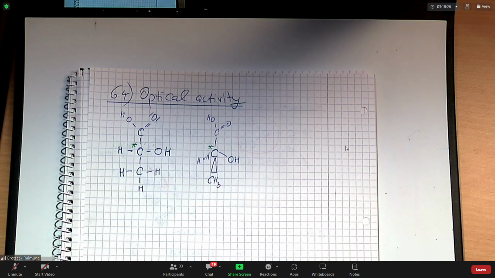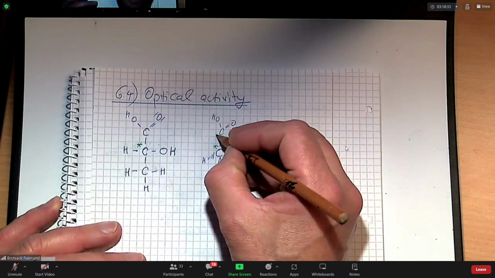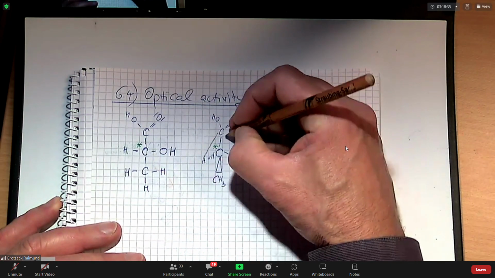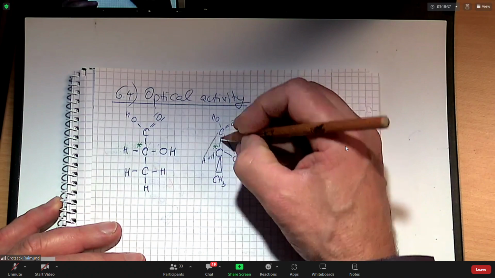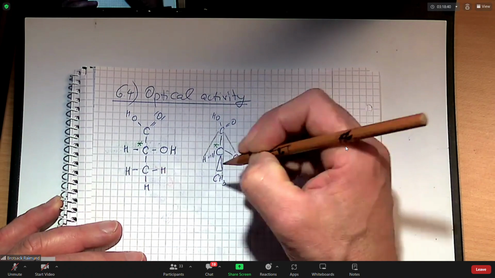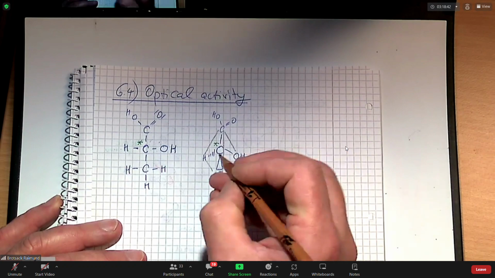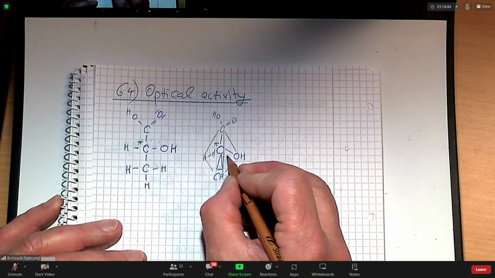Now I draw it more like it is in reality. The optical center is in the middle of the tetrahedron, and that is my tetrahedral structure.